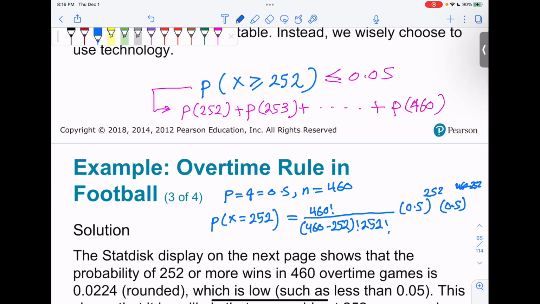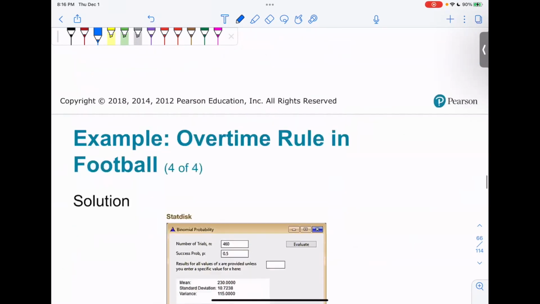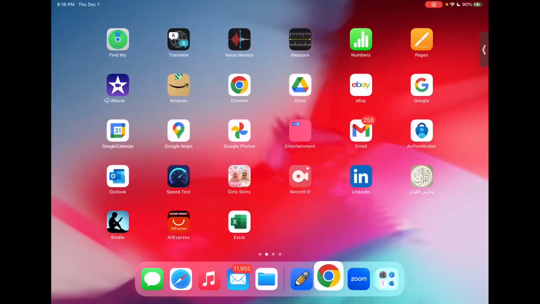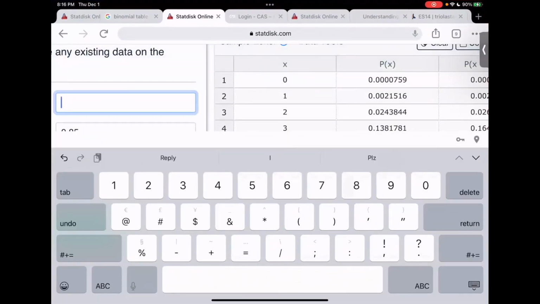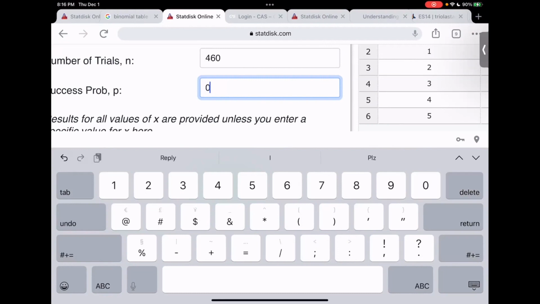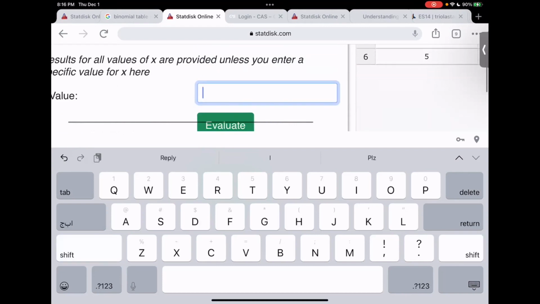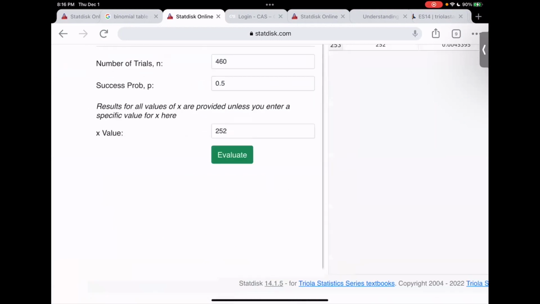So how can we use technology? We will not make it hard. Let's just go here to this one. How many trials do we have? 460. And the probability of success is 0.5. And the value here is 252. Okay, so let's evaluate.